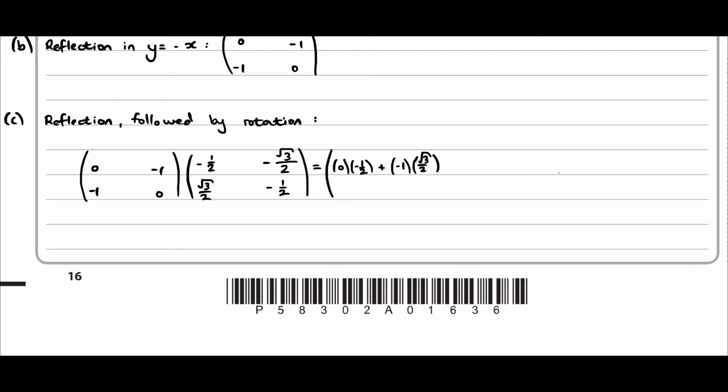For our element here, we have 0 times -√3/2 plus -1 lots of -1/2.